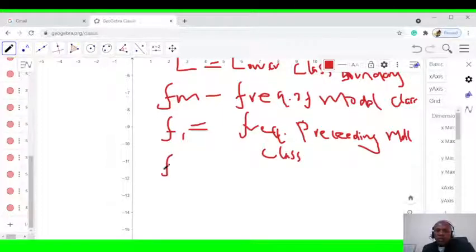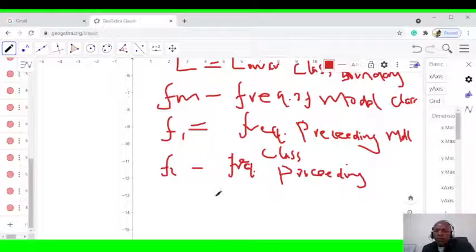And then of course F2 will be the frequency proceeding, the frequency proceeding the model class.